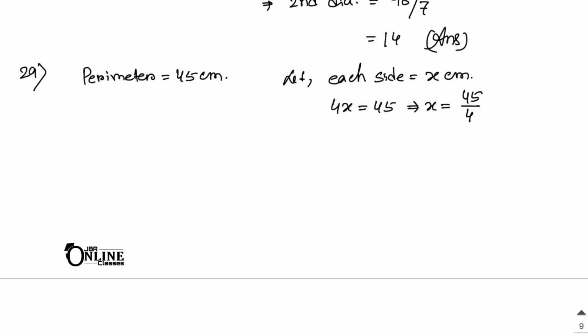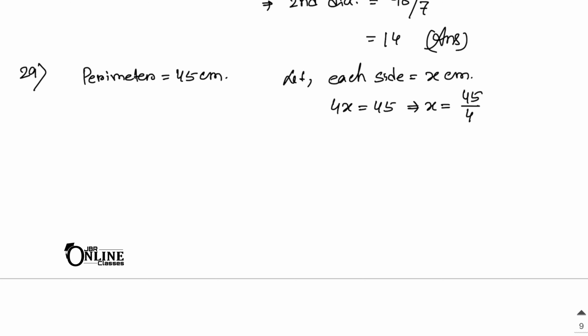Now you have to find out the area of that rhombus. Whenever you want to find out the area of a rhombus with the help of side and the height, because here height is given in your question, and its height is 8 centimeter.